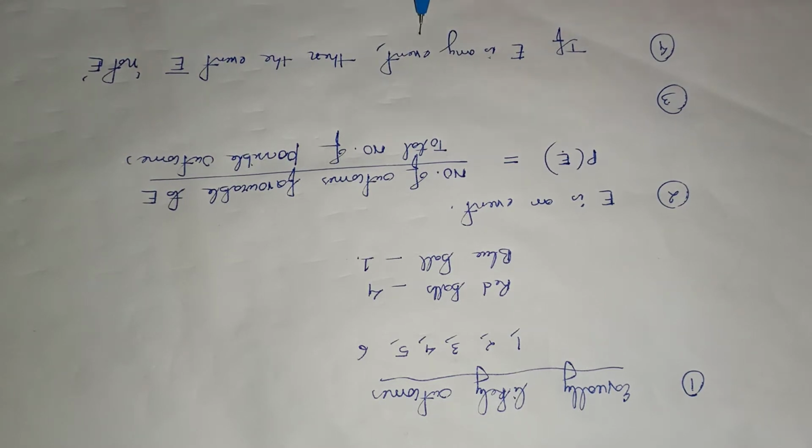The probability of an event E plus the probability of not E is always equal to 1.